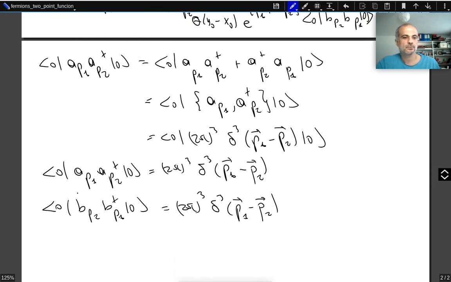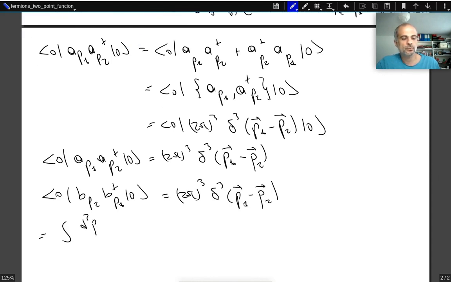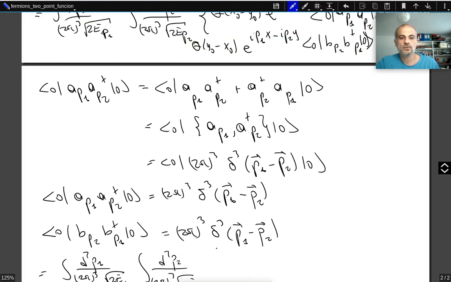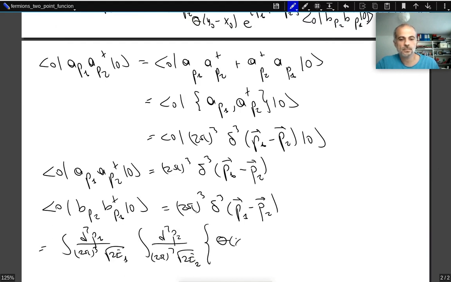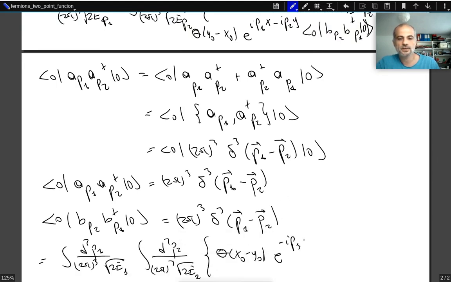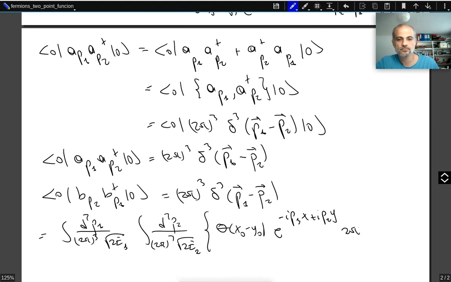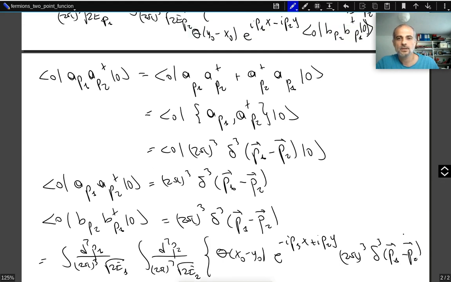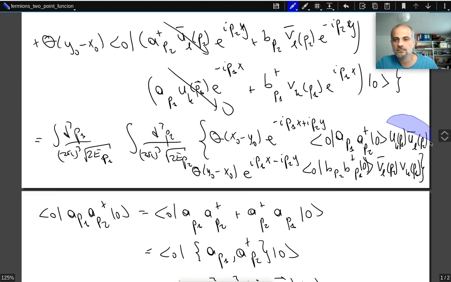We have d³p1 divided by (2π)³ √(2E1), d³p2 divided by (2π)³ √(2E2), and then we have the step function θ(x0 − y0) e^{−ip1·x + ip2·y}, and (2π)³ δ³(p1 − p2), and I also have this product.